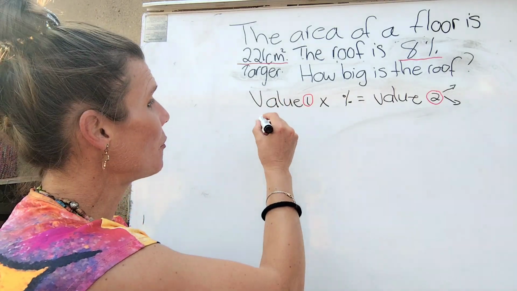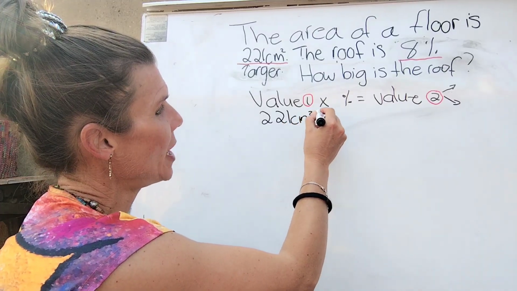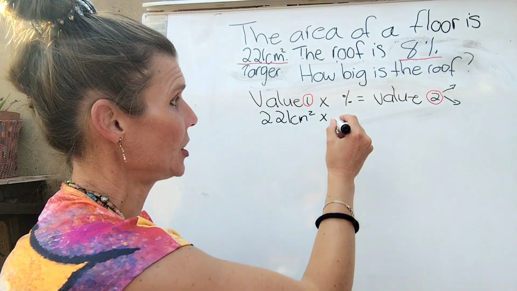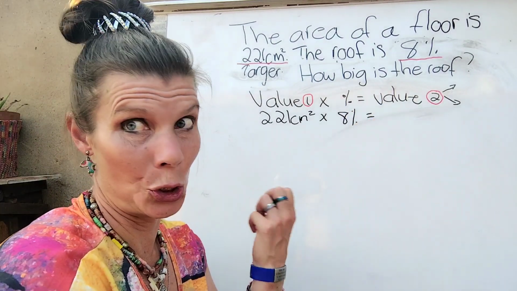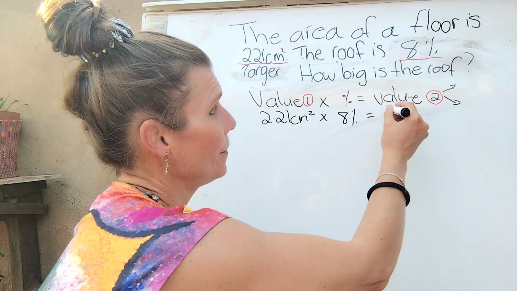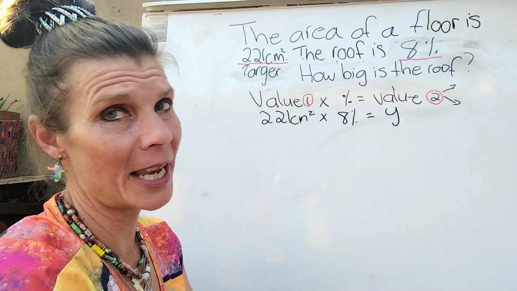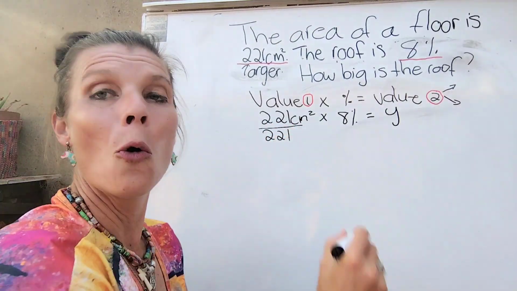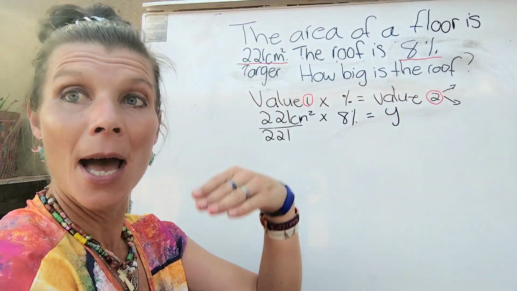I know the value of 1, 221 centimeters square times, now I know the percentage, 8%, but I do not know the value of 2. Why? I want to find the answer. Time to get it alone. I divide by 221. What do I know about percentage? Always something out of 100.